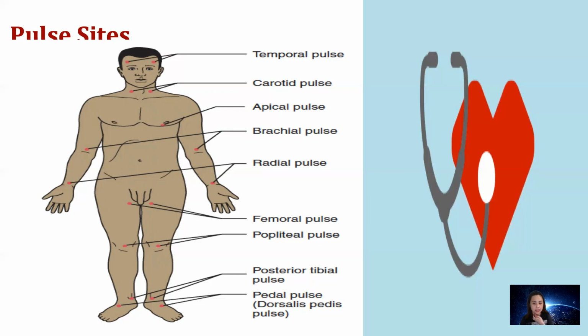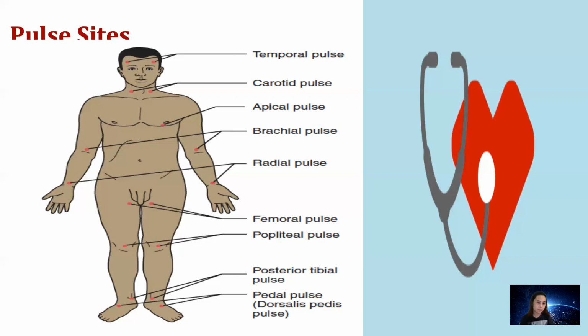Dun sa malalim na part na tinatawag nating groove, okay, nandun ang carotid pulse mo. So the carotid pulse, it's between your trachea and your muscle. So dito sa may malalim, sa katabi niyan is merong muscle kang mararamdaman. That's why your carotid pulse is between your trachea and a muscle.